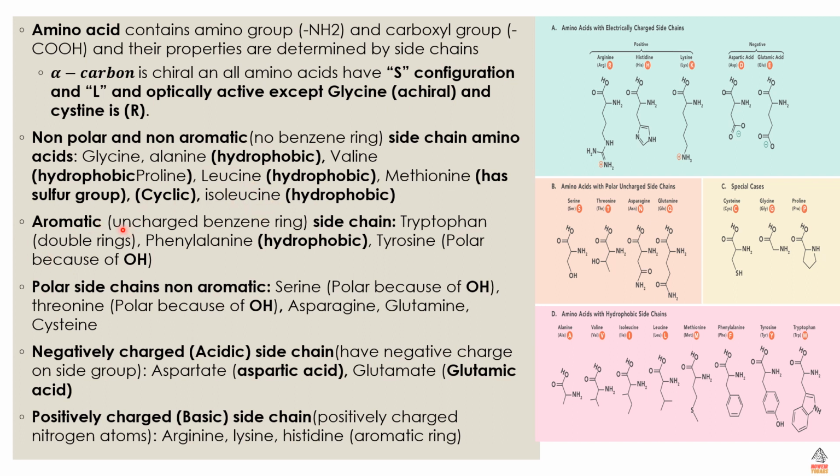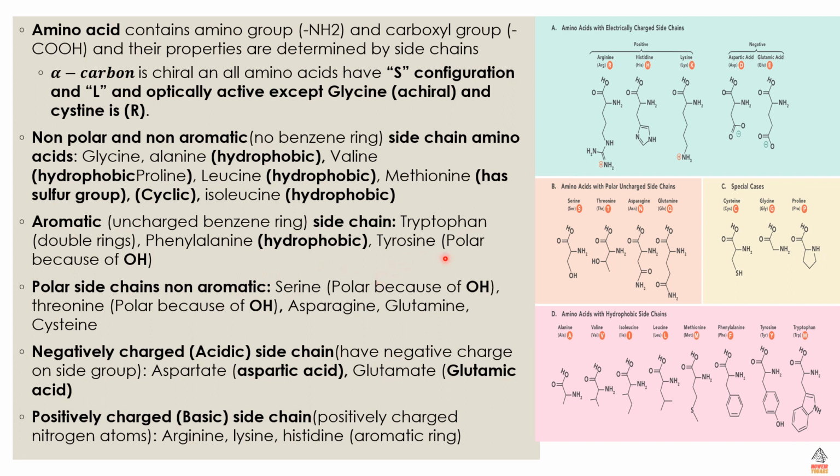Next, we have the aromatic amino acids, with an uncharged benzene ring. This group has a benzene ring on the side, and here you've got three. You've got tryptophan, which has double rings, not one but two. Next you have phenylalanine, which is hydrophobic.